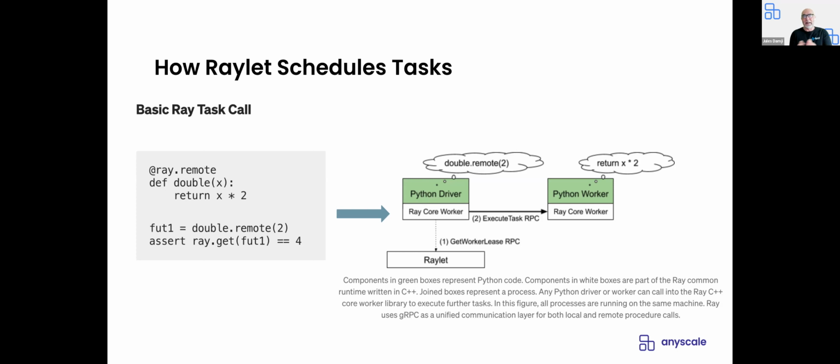So it will query its own Raylet to say, do you have the resources for these things? And if you have them, give me the lease. It gets a lease for a certain number of milliseconds, and then it communicates with that Raylet to execute the task.